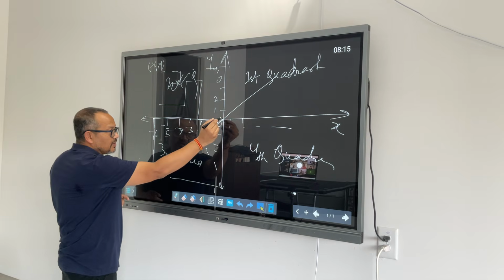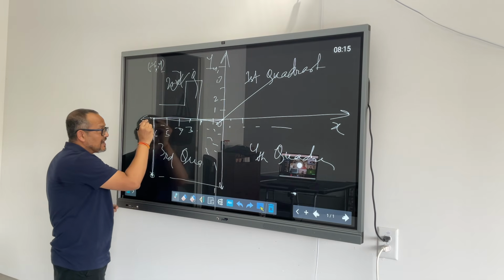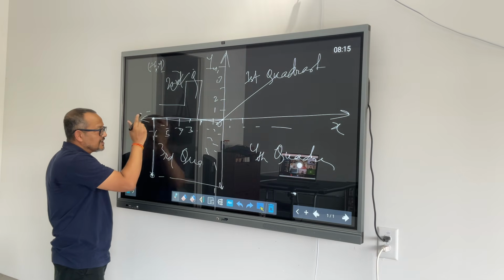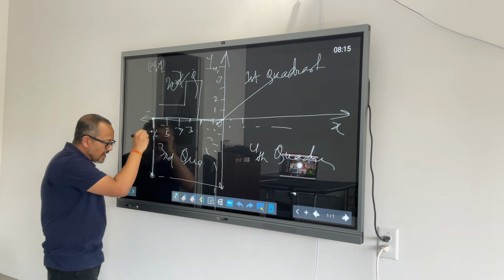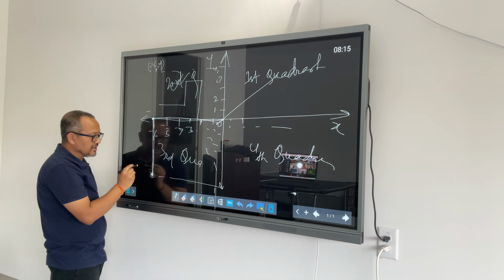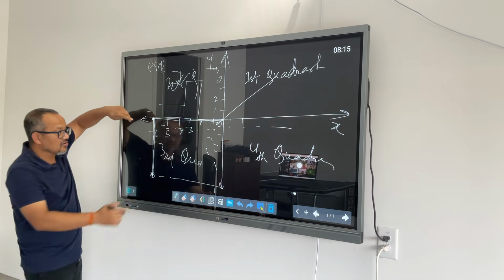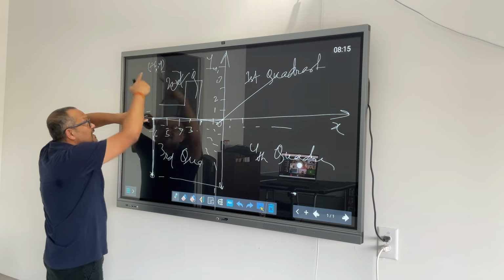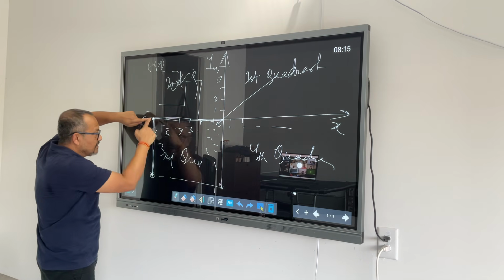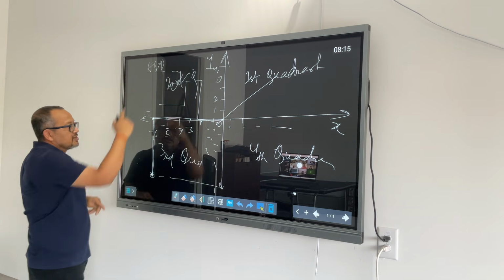So I went 6 units along the negative of the x-axis and then another 4 units along the negative of the y-axis. So this is how you read it also. How much you travel along the x-axis is your x-coordinate. How much you travel along the y-axis is your y-coordinate.